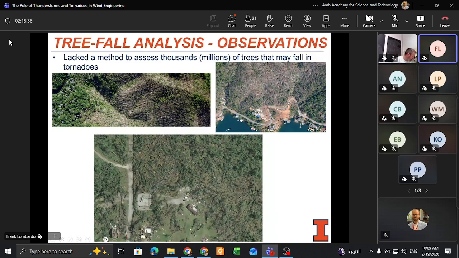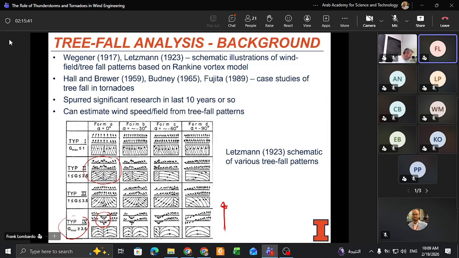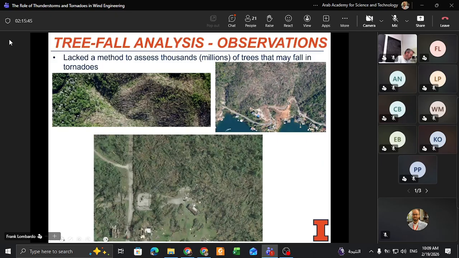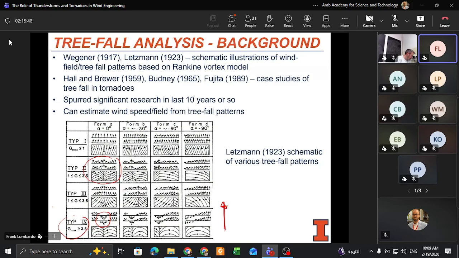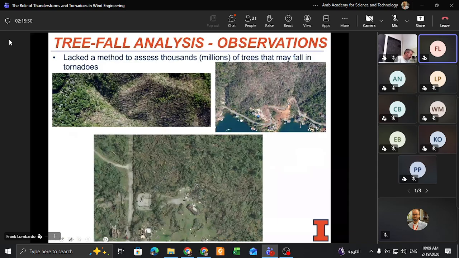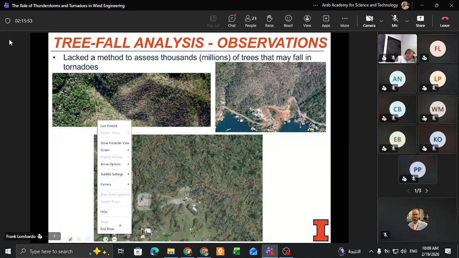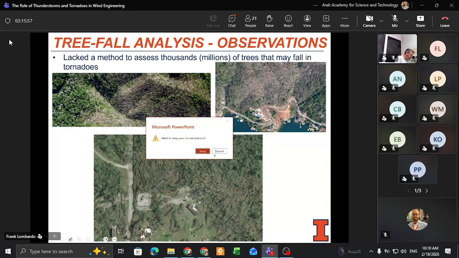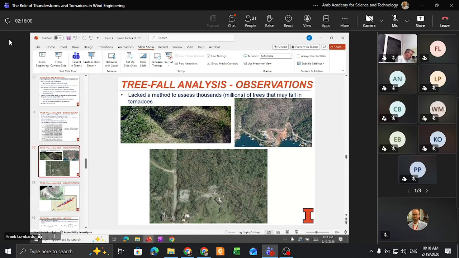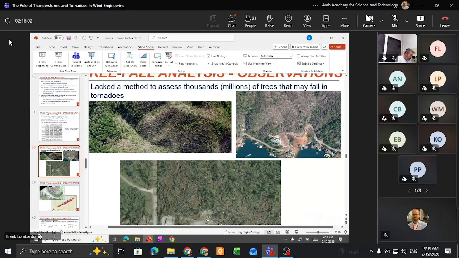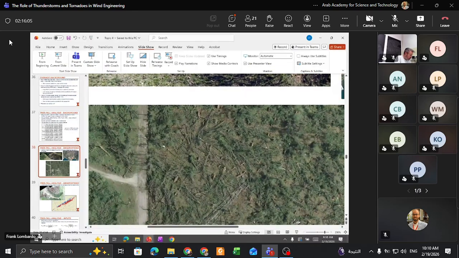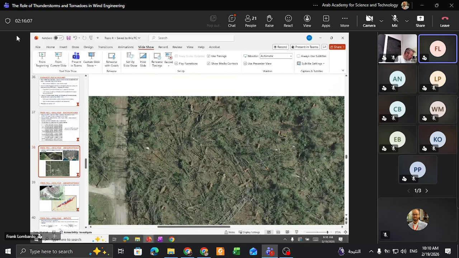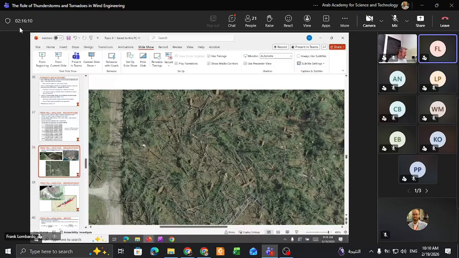Let me see if I can zoom in and show something well. If you really zoom in here, you can see some of the detail of this pattern.